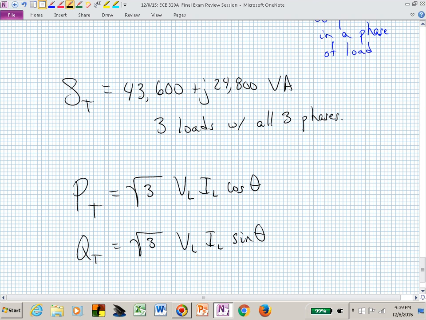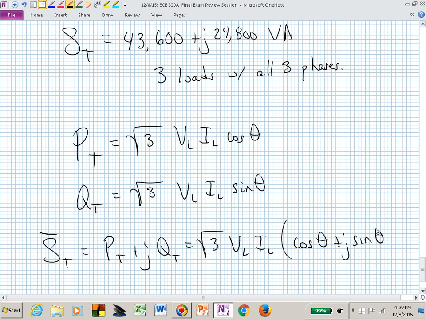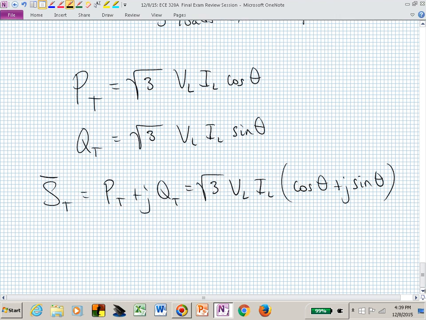Or we can combine all of these into ST. This is just PT plus jQT, which is the square root of 3, V line, I line, cosine theta plus j sine theta. And that in parentheses should just make you feel warm and fuzzy.